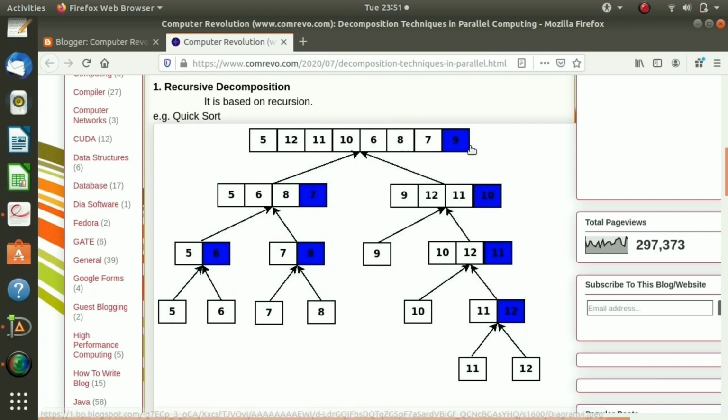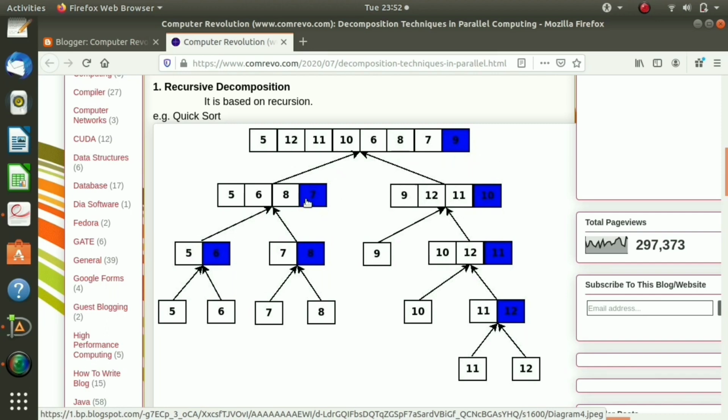In this example, we have taken the last element as the pivot element. When we take this pivot element, we divide the problem into two parts. Here we have taken 9 as the pivot element, so all the elements smaller than 9 form one part, and 9 along with the larger elements becomes another part.